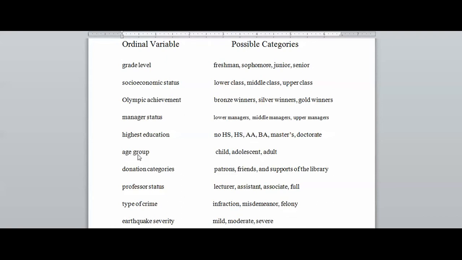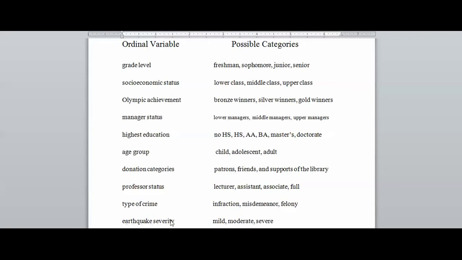But if instead of thinking about age in years, I think about age as being age categories, then age turns into the ordinal variable of age group. So even though age in years is quantitative, age group with these types of categories is ordinal. And the variable of age becomes ordinal once I create these categories, like these categories we have here.